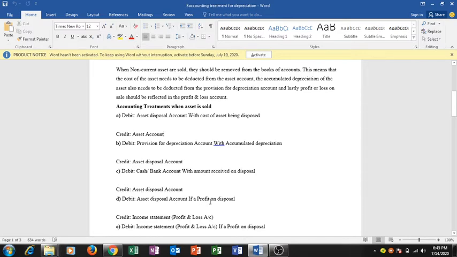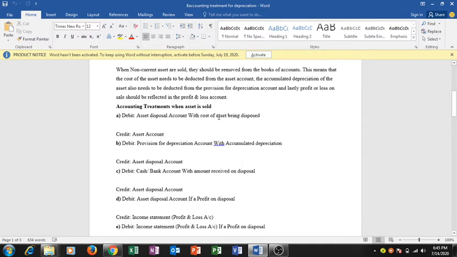Then we are also going to debit the asset disposal account with the profit. How are we going to know that you have generated profit here? Remember, the asset was bought at a cost. It has depreciated over years up to the point of sale. If, for example, it was furniture which was acquired at a cost of 10,000.